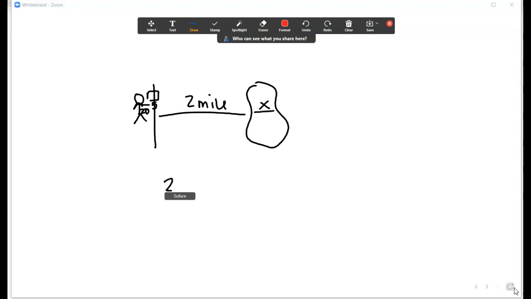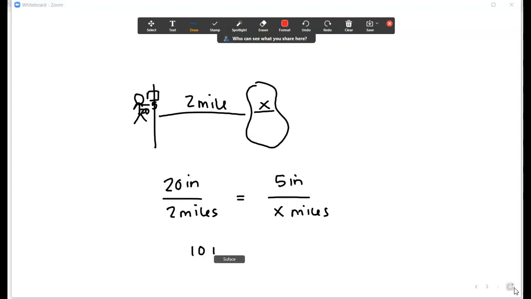So the 20 inches is to the 2 miles, as the 5 inches is to the length x in miles of the island. Does that make sense? So 2 times 5 is 10. And that would be inches times miles, just so you can see how the units work.